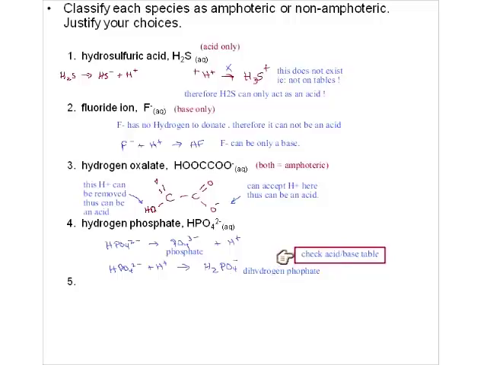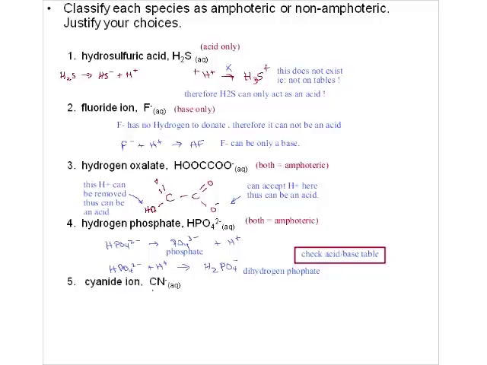You can find all these species on the acid-base table. So this ion, HPO4 2 minus, is amphoteric. It can be both an acid and a base, depending on the conditions.